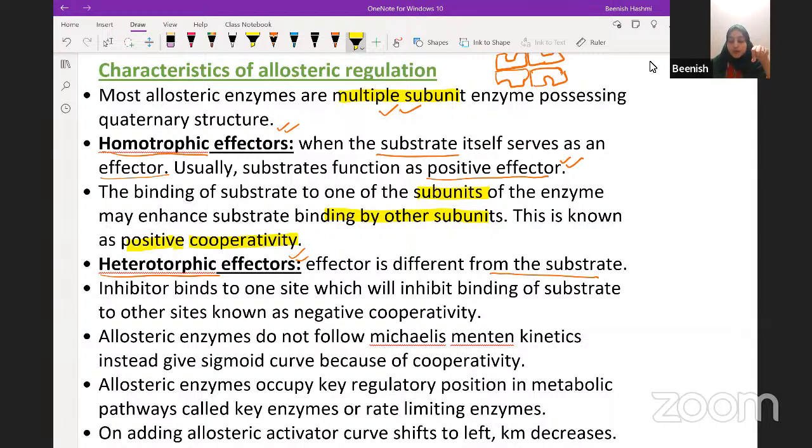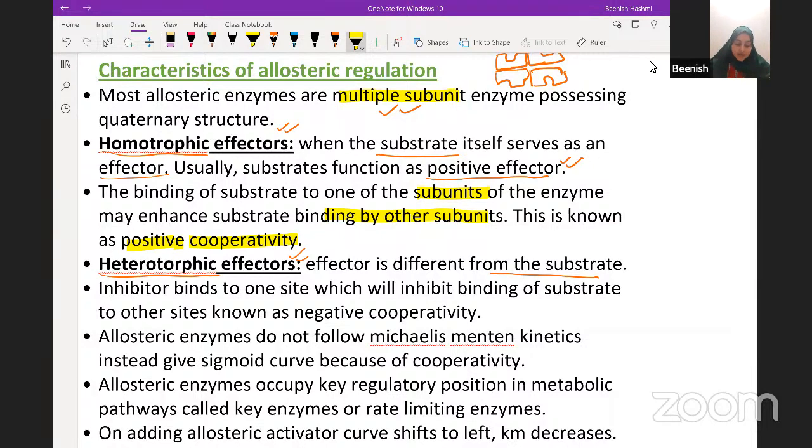Your substrate is going to bind at one of the subunits of the allosteric enzyme, but because of this, the binding of the substrate to the other subunits is enhanced. So this is known as positive cooperativity or positive cooperative binding.